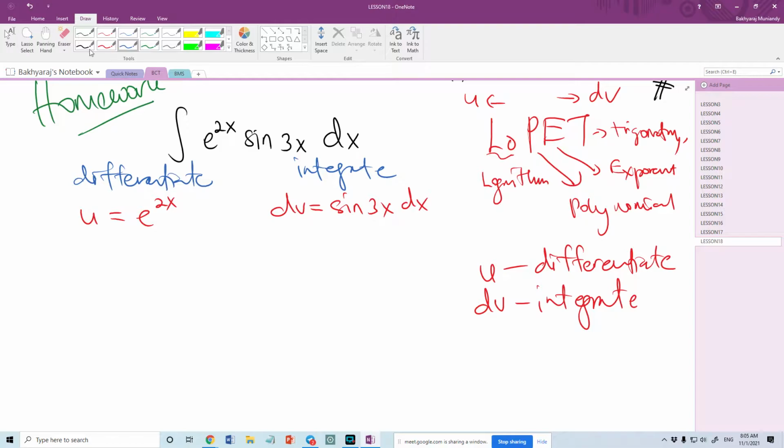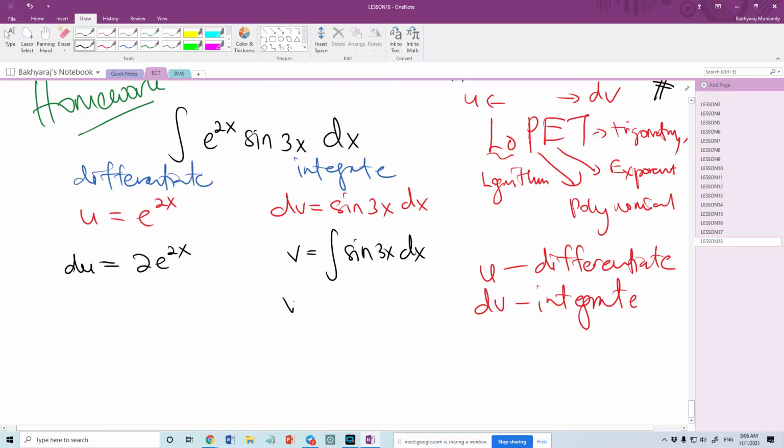So I'm going to differentiate and integrate. du will be equal to, what's the answer? Anyone want to share? Yeah, correct. 2 exponent 2x. Very good. What about v? For v, we integrate sine 3x dx.